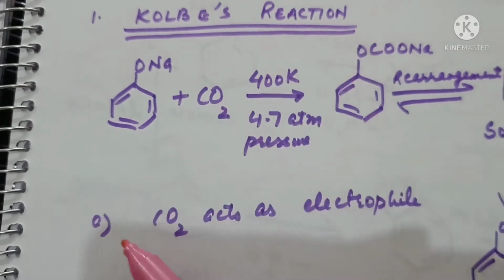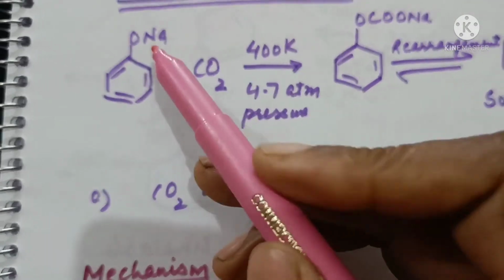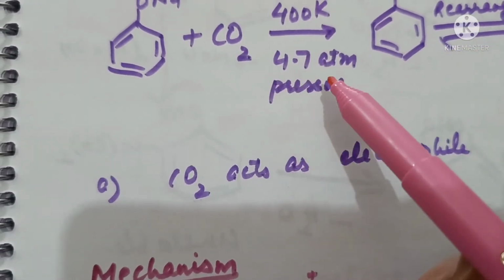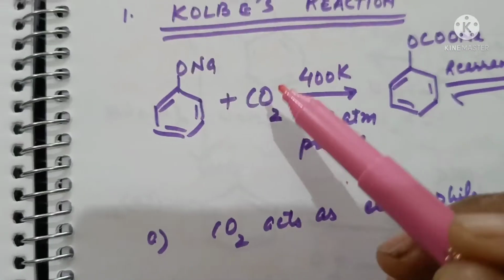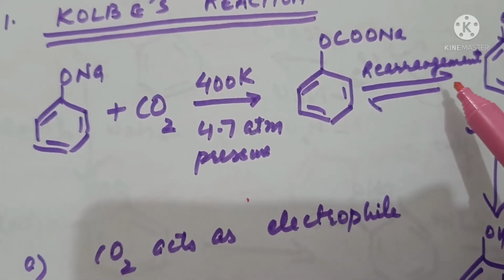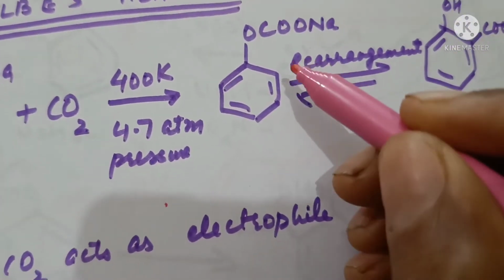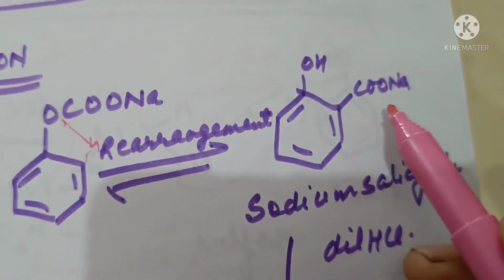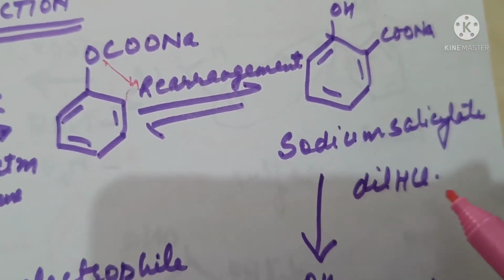First is the Kolbe reaction. When we react sodium phenoxide with carbon dioxide at 400 Kelvin and 4 to 7 atmospheric pressure, the carbon dioxide gets incorporated here. Now on rearrangement, the H will move here and the COONa group will come here. So sodium salicylate is formed.